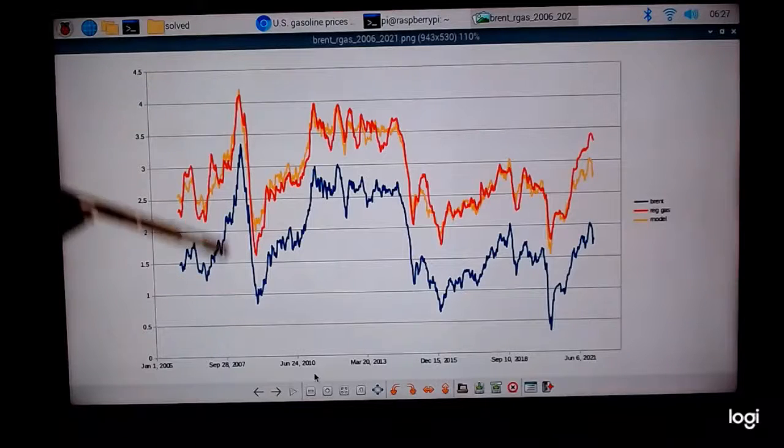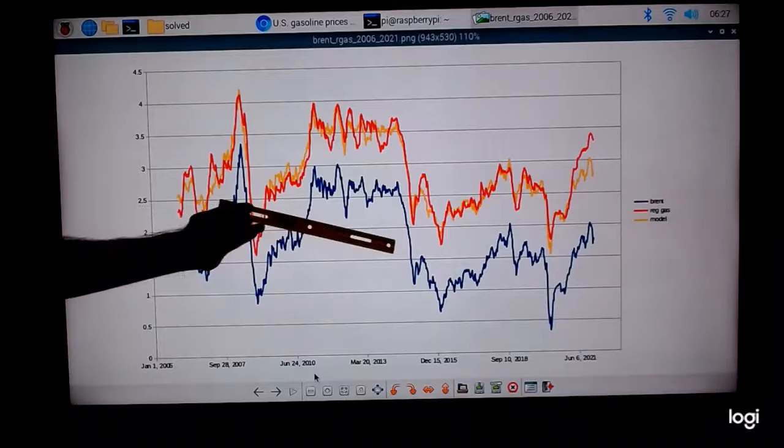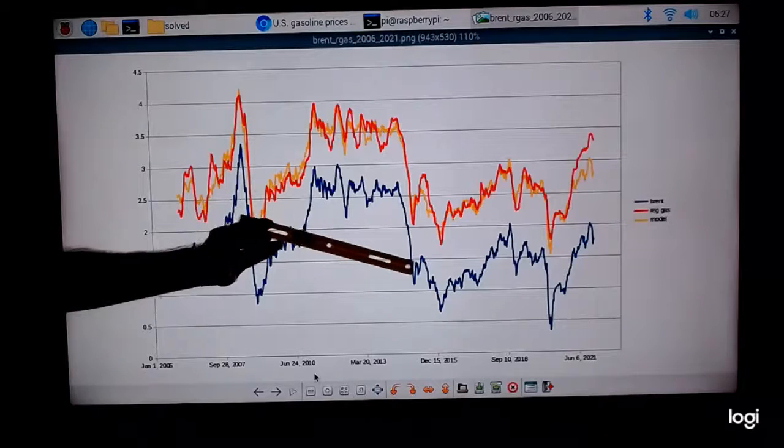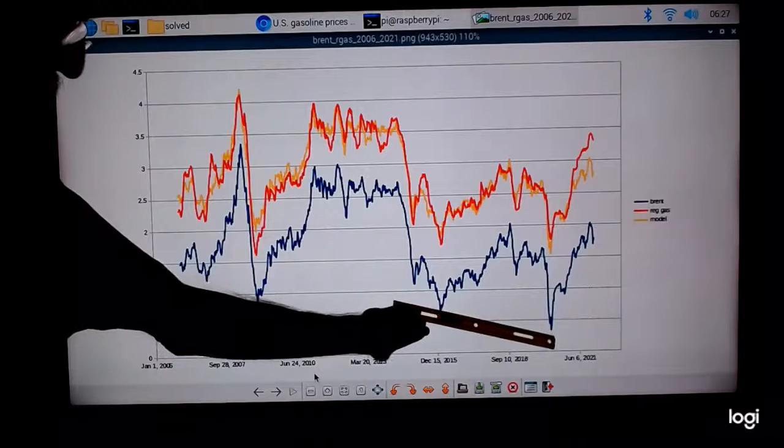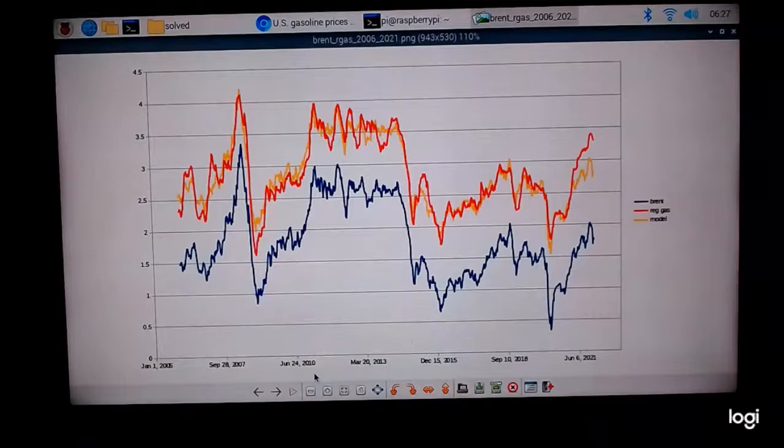There's that in 2008, and there's another event, and then there's the extreme lows that we saw from the COVID event.